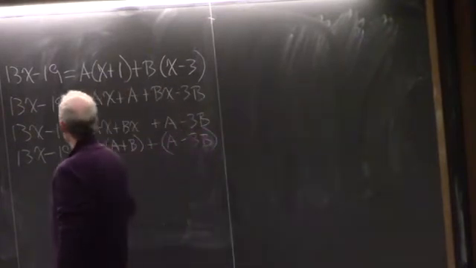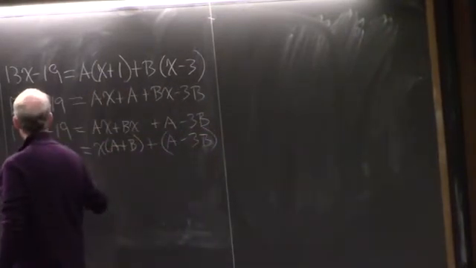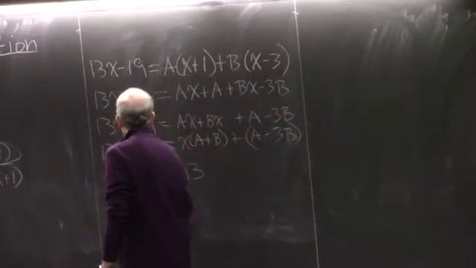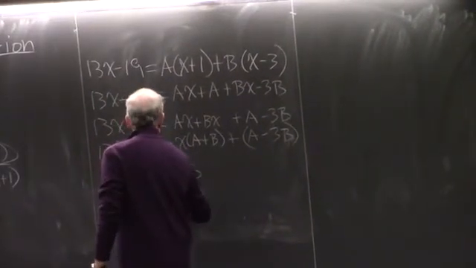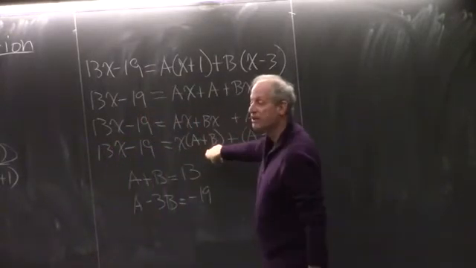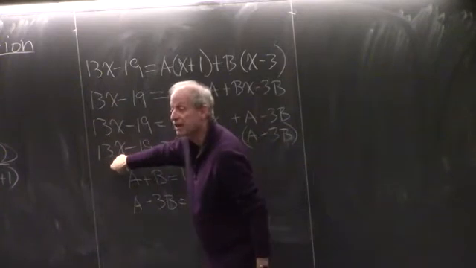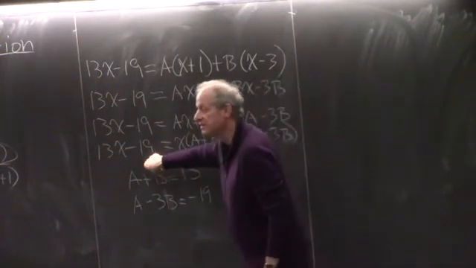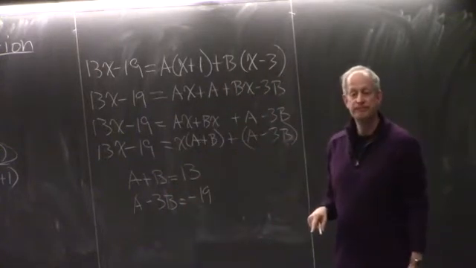Okay, so then, here's the thing that a lot of people have trouble with. Then a plus b must be 13, and a minus 3b must be minus 19. Why is that true? Well, this is something times x, and this is something times x, so they have to be the same. This is the constant, and this is the constant, so they have to be the same.